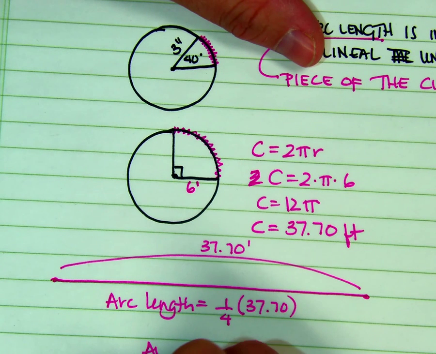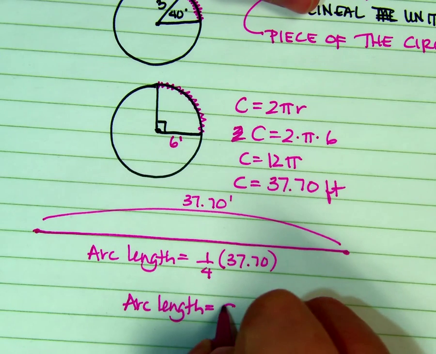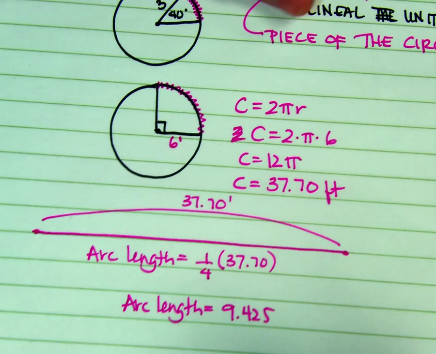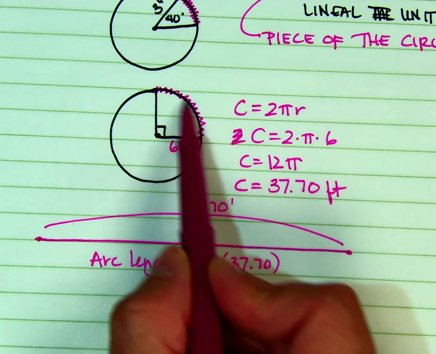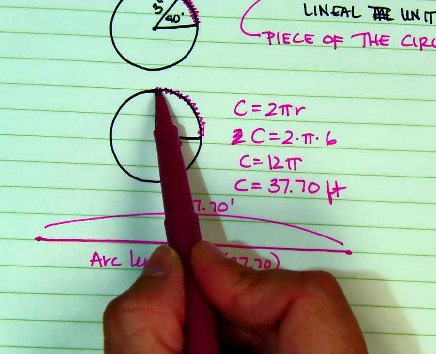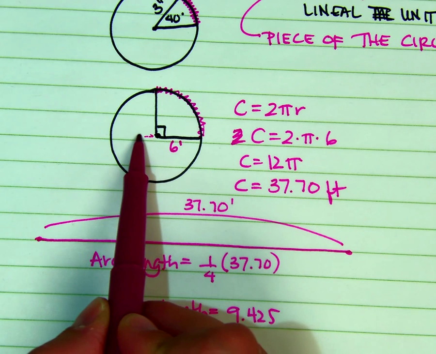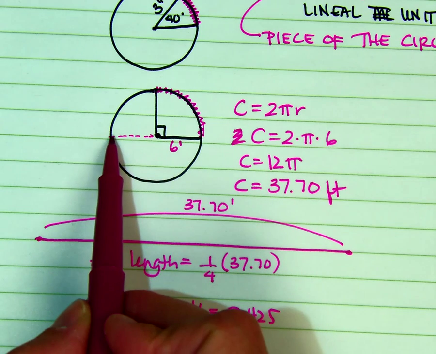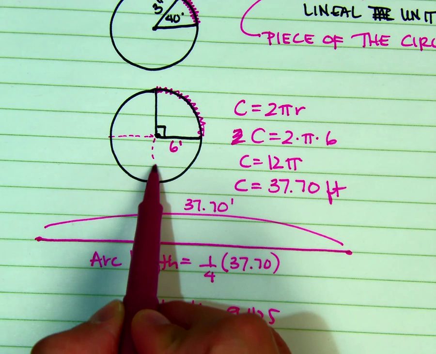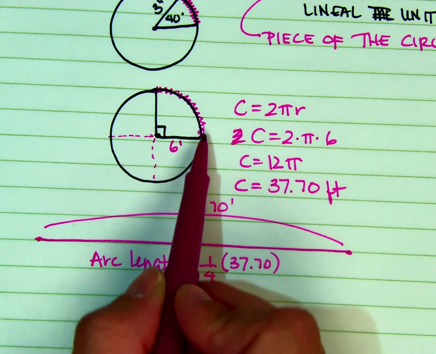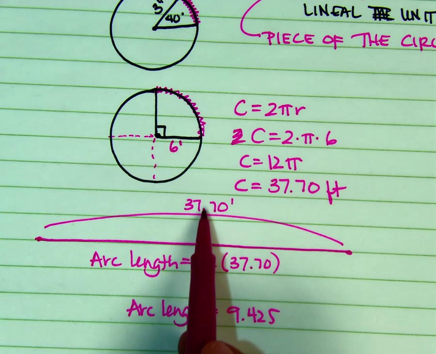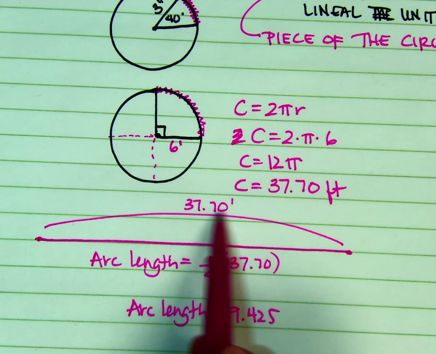My arc length equals 9.425. Okay, so that means if I had this piece, it's 9.425. If I were to extend this out, this would be 9.425, 9.425, and another 9.425. So all total, that would give me the 37.7 or 37.70.